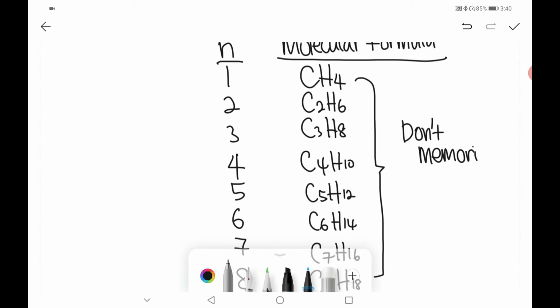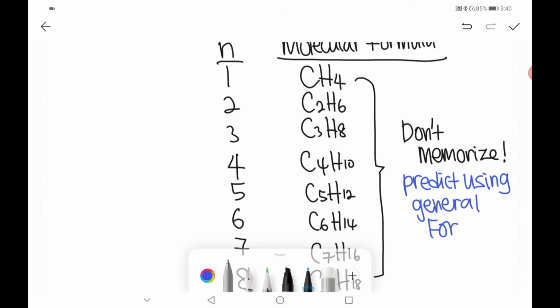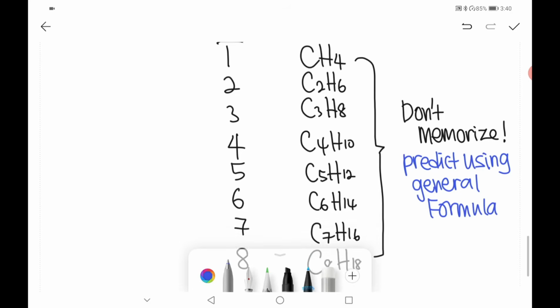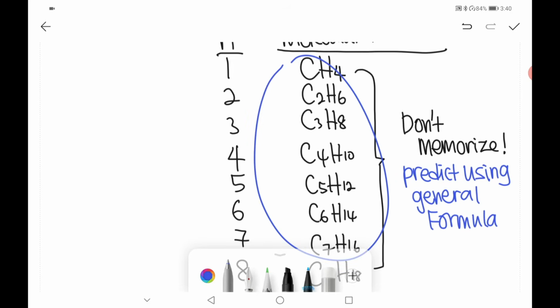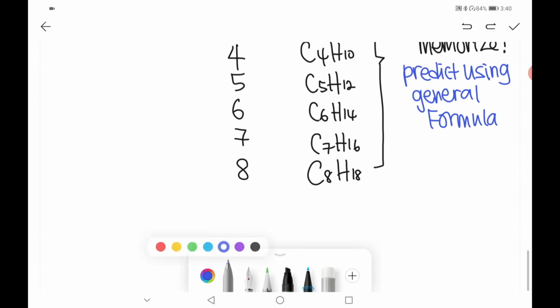We can just use the general formula to predict. Now you have already seen the formulas for the alkanes. These are the first 8 alkanes that you need to know.